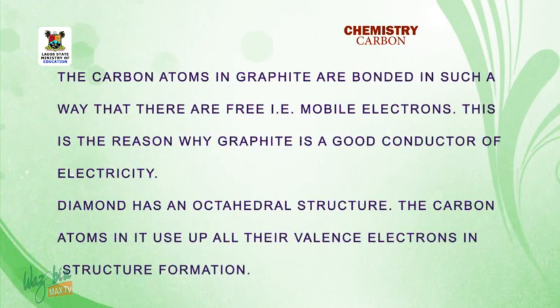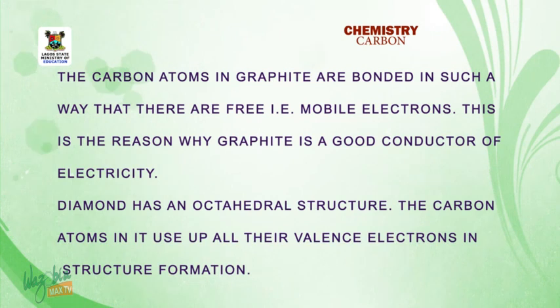The carbon atoms in graphite are bonded in such a way that there are free, that is, mobile electrons. This is the reason why graphite is a good conductor of electricity.